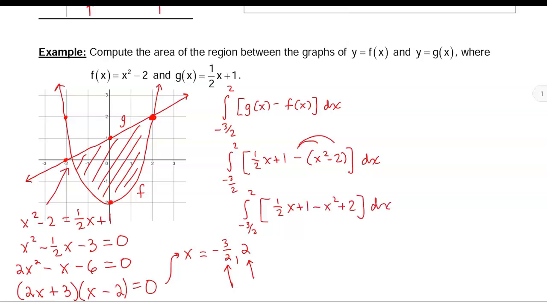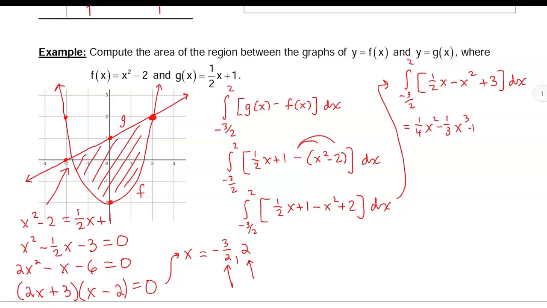If you want to, you can put the 1 and the 2 together. So the integral from -3/2 to 2 of 1/2 x minus x squared, and 1 plus 2 is 3. And now an antiderivative. 1/4 x squared minus 1/3 x cubed plus 3x.